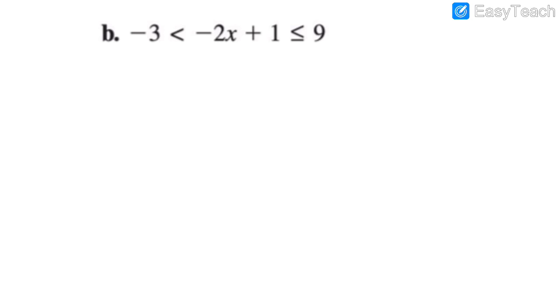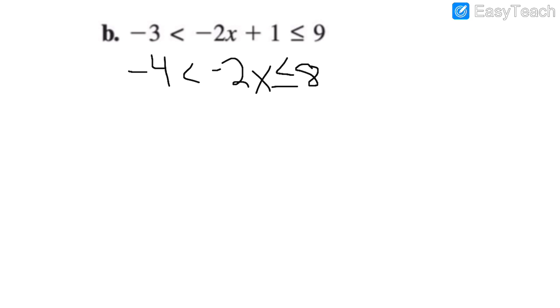For our one on the right, we first have to subtract 1 from both sides. So we have negative 4 is less than negative 2x, which is less than or equal to 8. Divide both by negative 2.